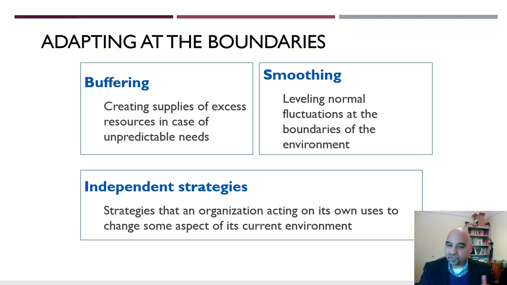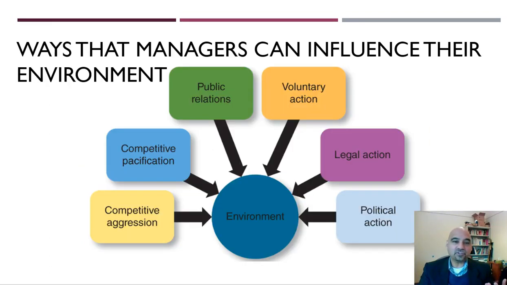And then smoothing is really about making the necessary adjustments when we recognize that our costs are too high or other factors are maybe leveling out, and we need to level out in order to maintain expenses. And then make sure that we're having the right strategies in place in order to maintain our current market share.